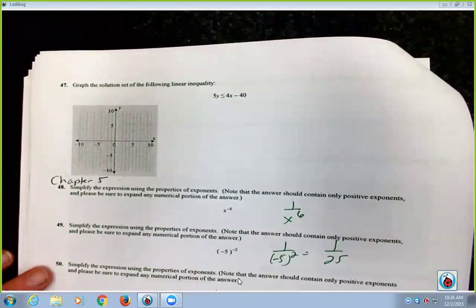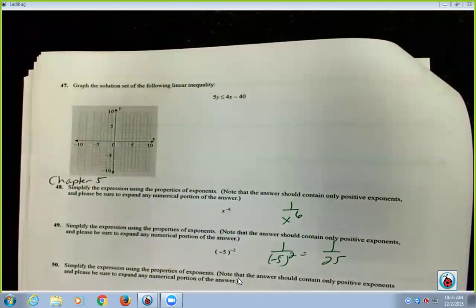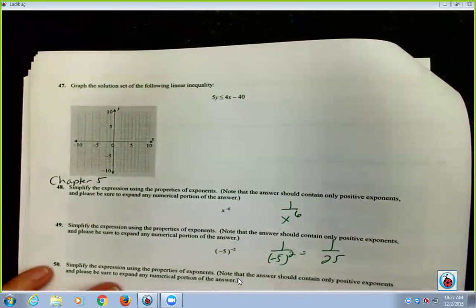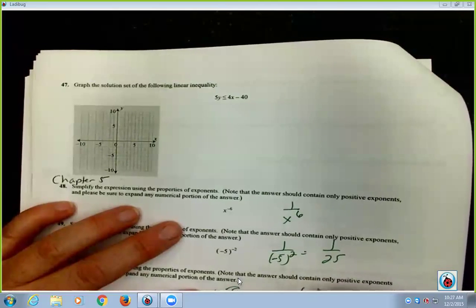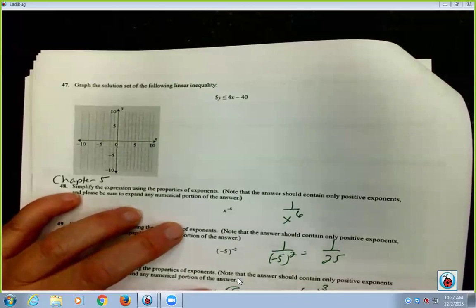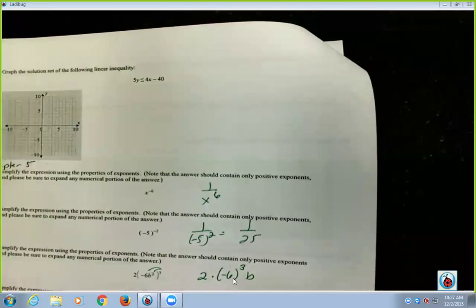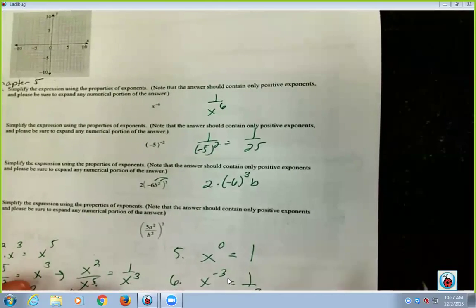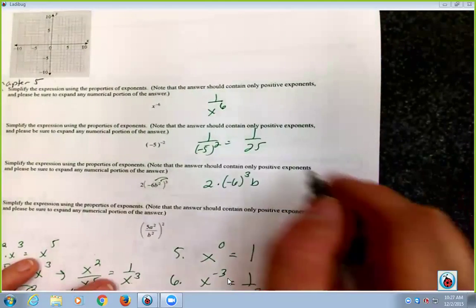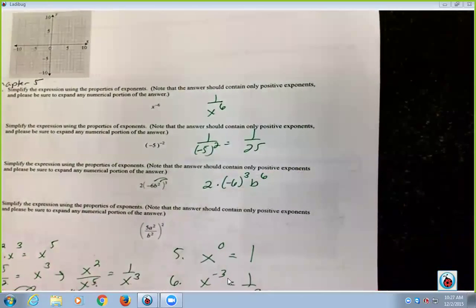And what do we do with 50? Yep. So I have 2 times. Everybody gets a 3, including the 6. So I have a negative 6 to the 3rd power. Yep. Just gotta see where I need to have it. And then 3 times 2 is 6 also.